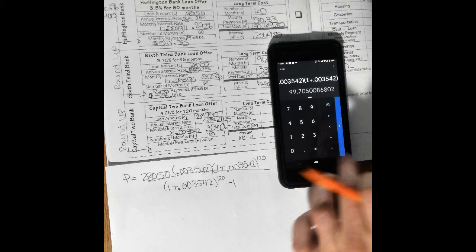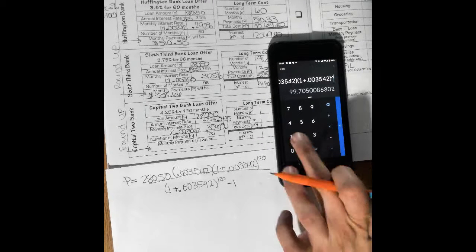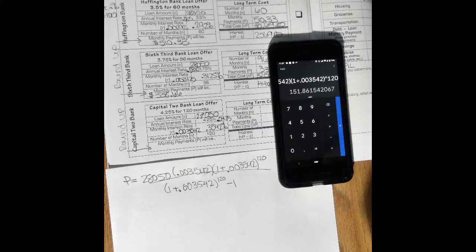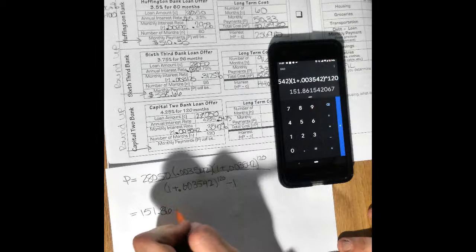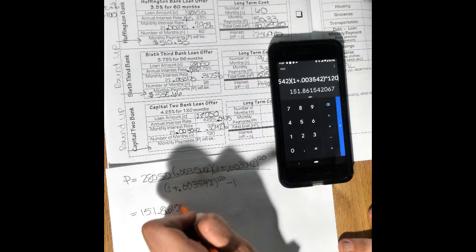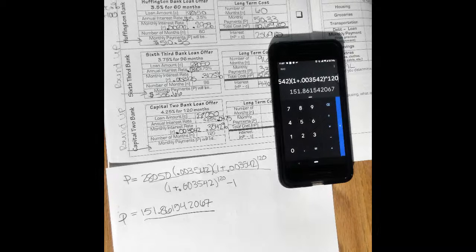And then I need the exponent, which is that caret, or that arrow up. 120. So in the numerator, I get 151.86, well, 15. I'm going to write down all these decimals because I'm not quite at the end interpreting my answer yet, so I'm going to write down as many as I can tolerate. Once I actually figure out my payment, that's when I'm going to round.